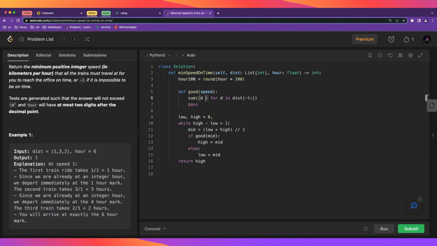And well, another trick to divide with the ceiling is to add the divisor minus 1 and use integer division. That's going to give us the ceiling while keeping everything in integers.